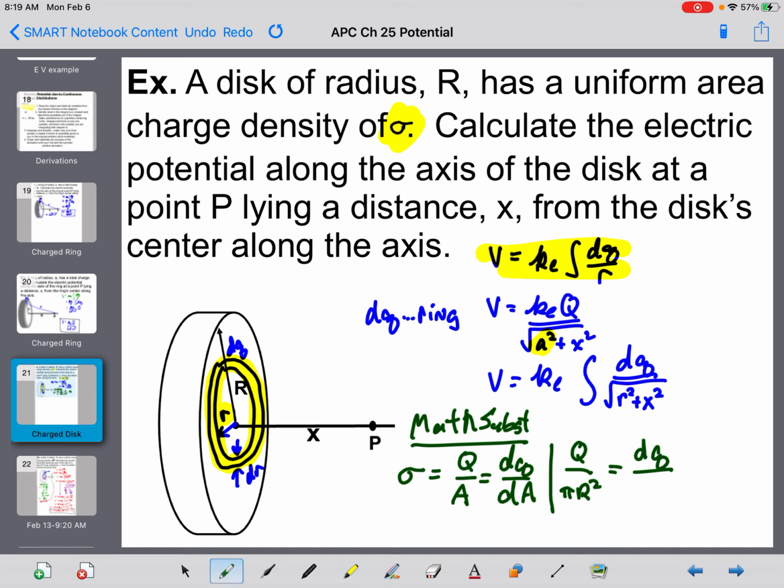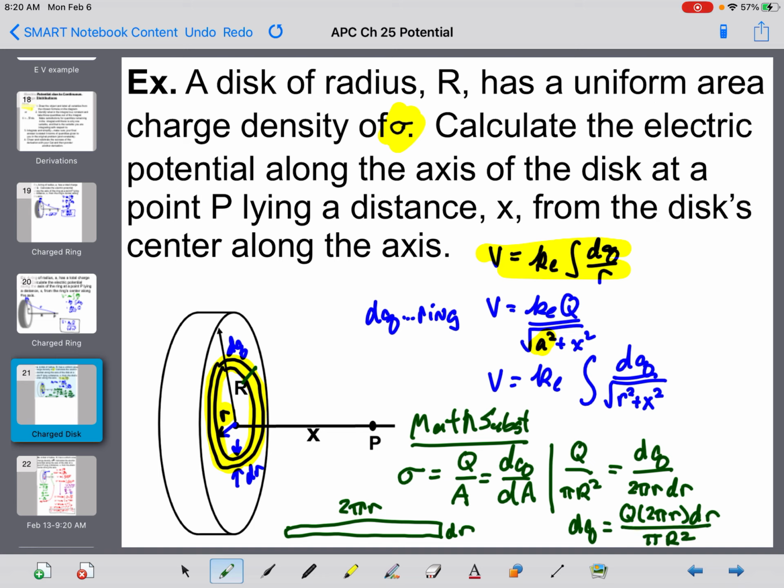And if I imagine taking that ring, slicing it, and laying it out, then my ring would have a length of the circumference, 2 pi r, and a thickness of dr. So dA would be 2 pi r dr. So when I solve for dq, my dq is going to be Q times 2 pi little r dr over pi times capital R squared.